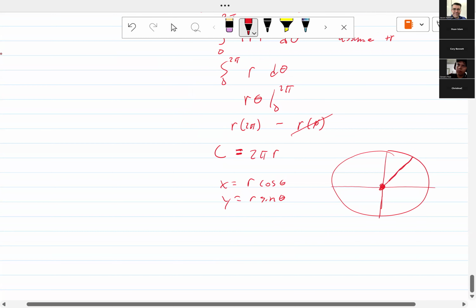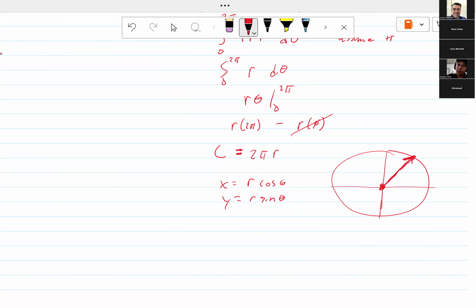So wouldn't the arc length of this circle of radius r equal the circumference? Yeah. That's the total arc length of that circle.